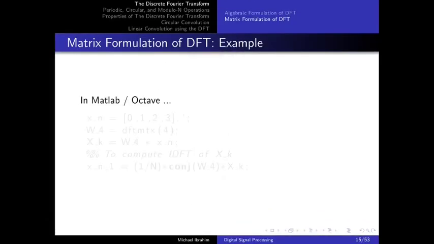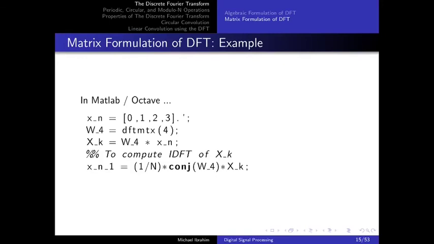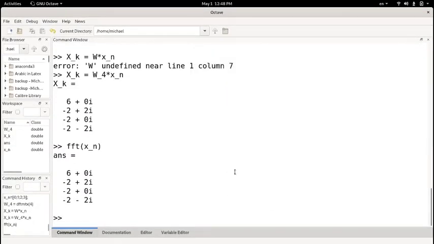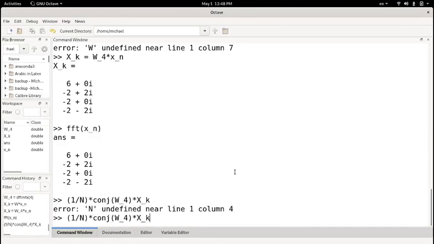So in Octave or MATLAB, you can define x of n and W4, and then multiply W4 times x of n. If you want to compute the inverse, it's simply 1 over N multiplied by the conjugate of the matrix W4 we have, multiplied by X of k.